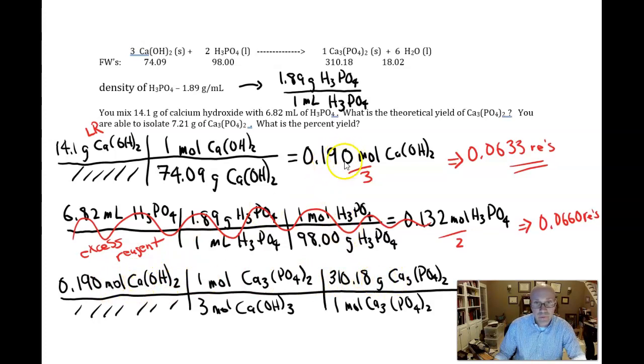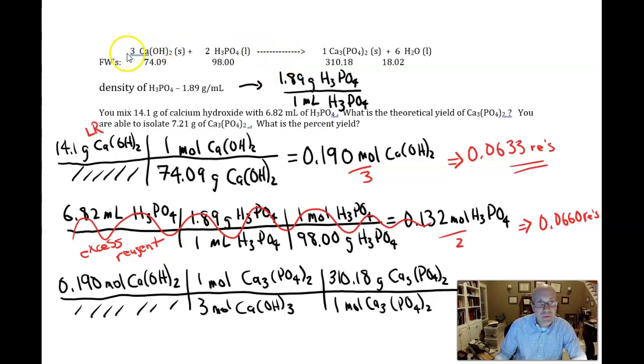We're going to start with the number of moles of calcium hydroxide. Remember, you're starting with the moles of calcium hydroxide, not the number of reaction equivalents. Starting from that number of moles, we then give the mole-to-mole ratio between calcium hydroxide and calcium phosphate.